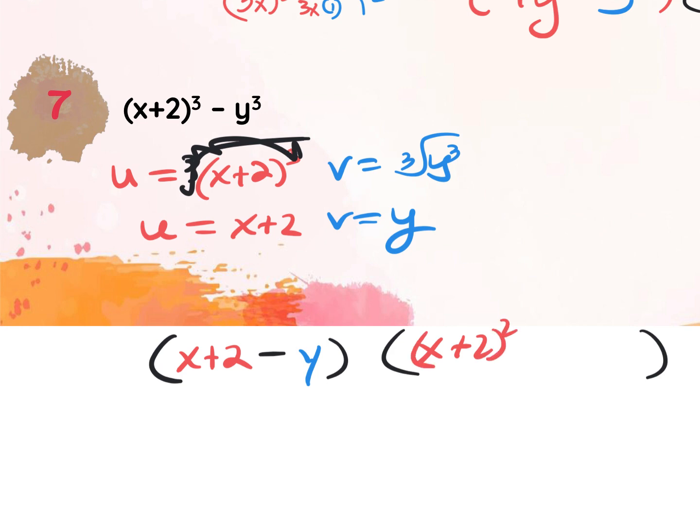We're going to have to FOIL this. We're going to put the same sign, opposite sign, and now I have to multiply. So this was, remember, this is u squared, u times v, and v squared. And then here was u minus v.